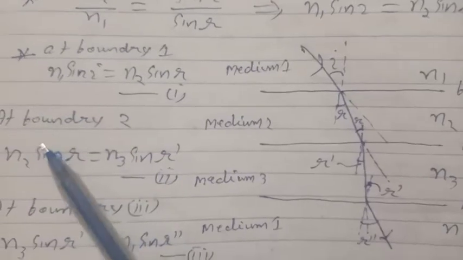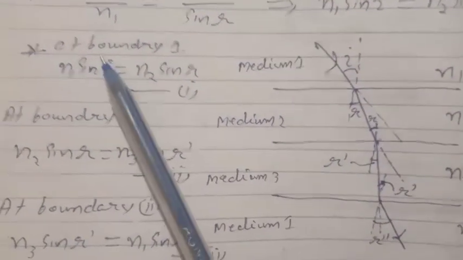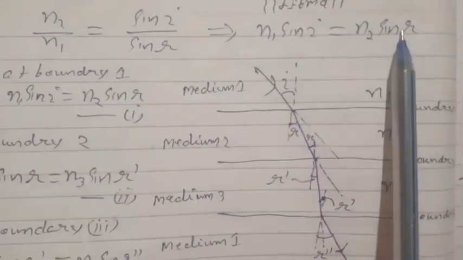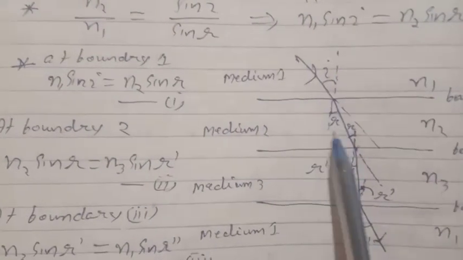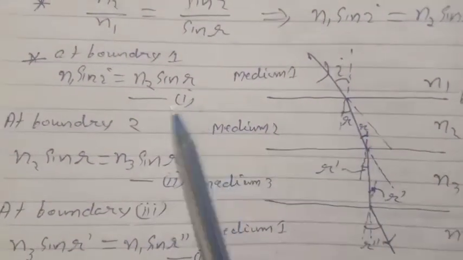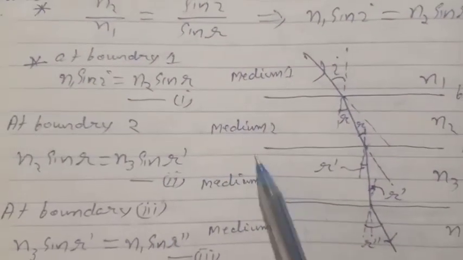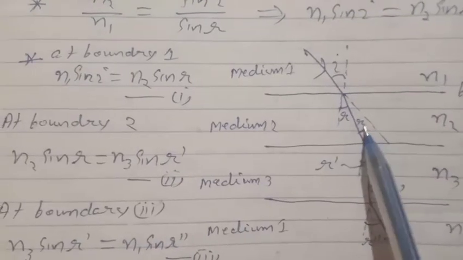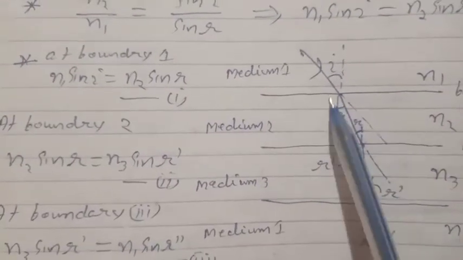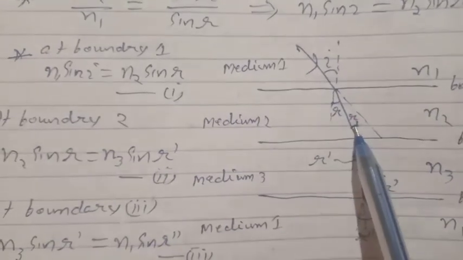For example, at boundary 1, we can use this formula: n1 sine i equals n2 sine r, and this is equation 1. But at boundary 2, the angle of incidence is r, because this line and this line are parallel, so this angle will be equal to this angle.